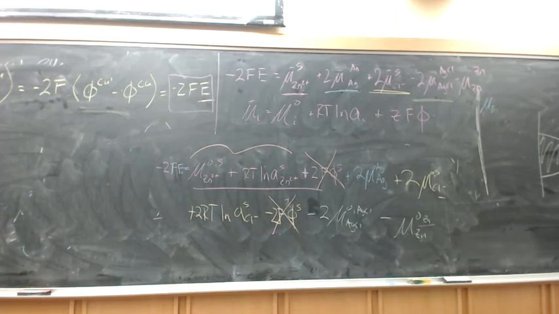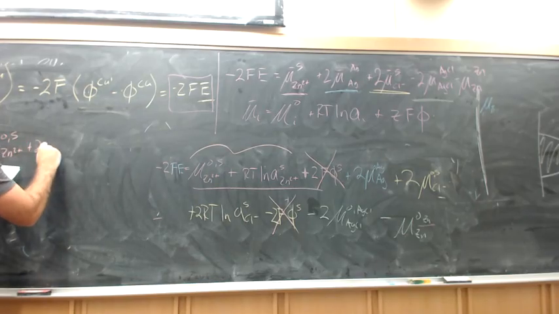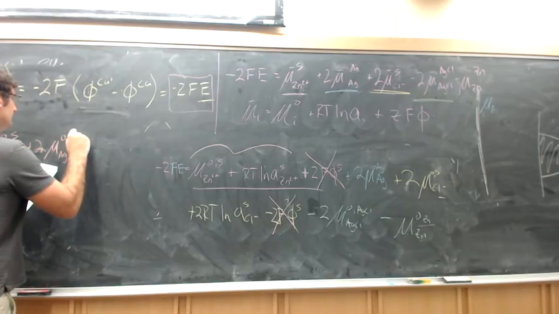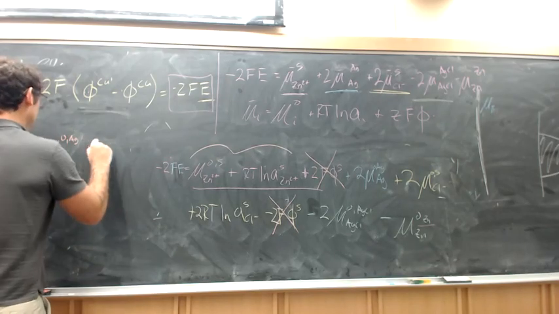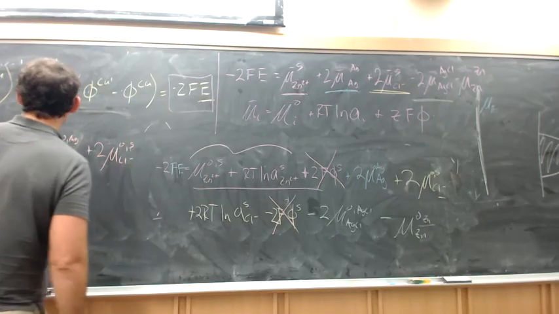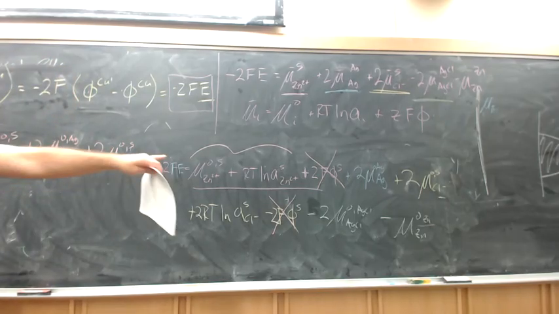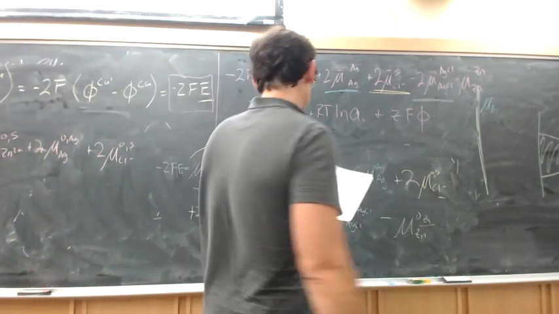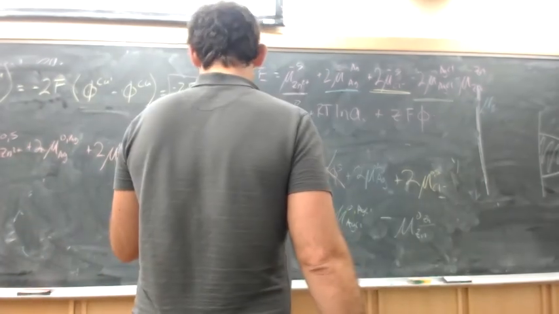Delta G. And that's equal to mu naught in solution, zinc 2+, plus 2 mu Ag naught in Ag, plus 2 mu Cl minus naught in solution. I'm just taking that from over here, and there are going to be some activity terms.